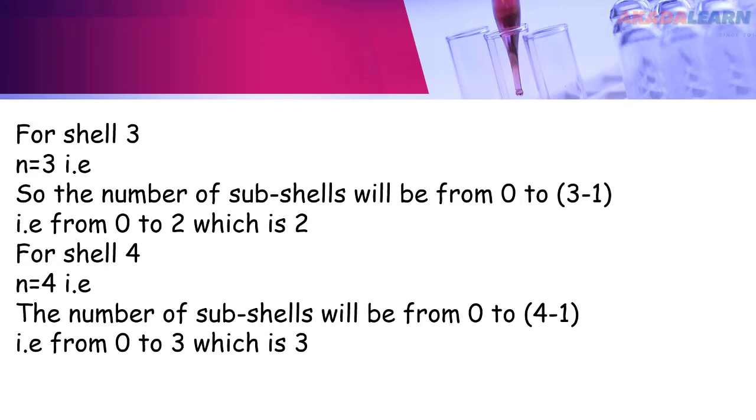And for the third shell, n is equal to 3, so that the number of subshells will be from 0 to 3-1, i.e. from 0 to 2, which is 2. And for shell 4, it will be n is equal to 4, that is, the number of subshells will be from 0 to 4-1, that is, from 0 to 3, which is 3.